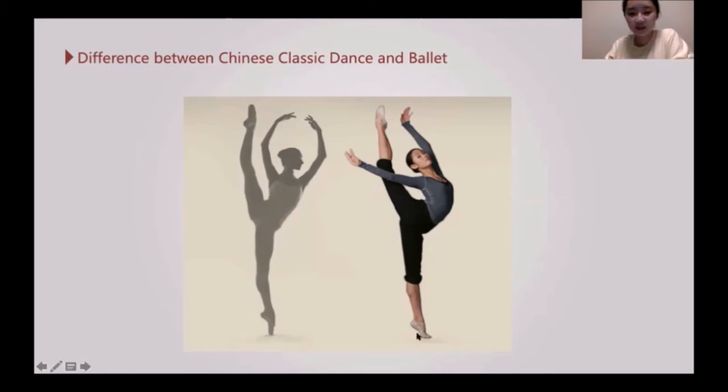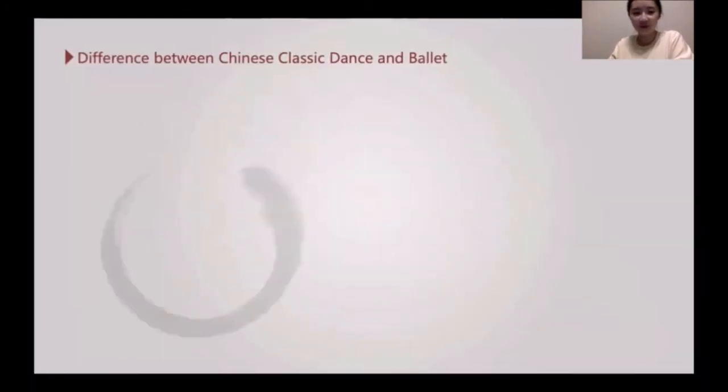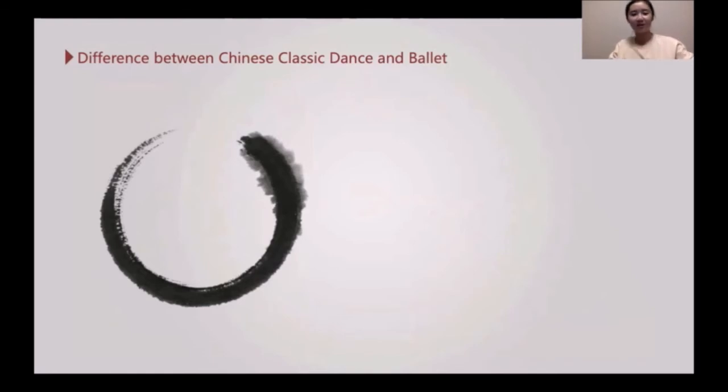Also, you can see their feet are totally different. Chinese classical dance does not do the same as ballet dancers do. These were really small details that I found the first time I saw a ballet dancer and a Chinese dancer. And now you can definitely find more things. But now let's move on to the deeper differences between Chinese classical dance and ballet.